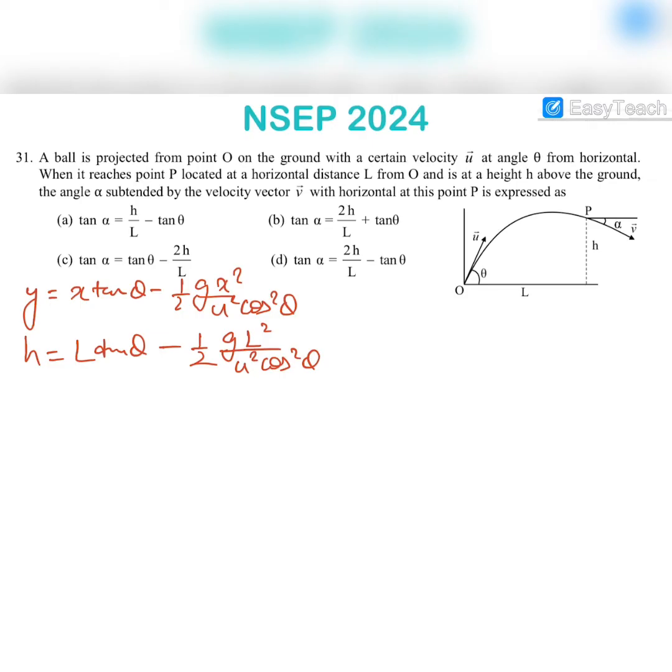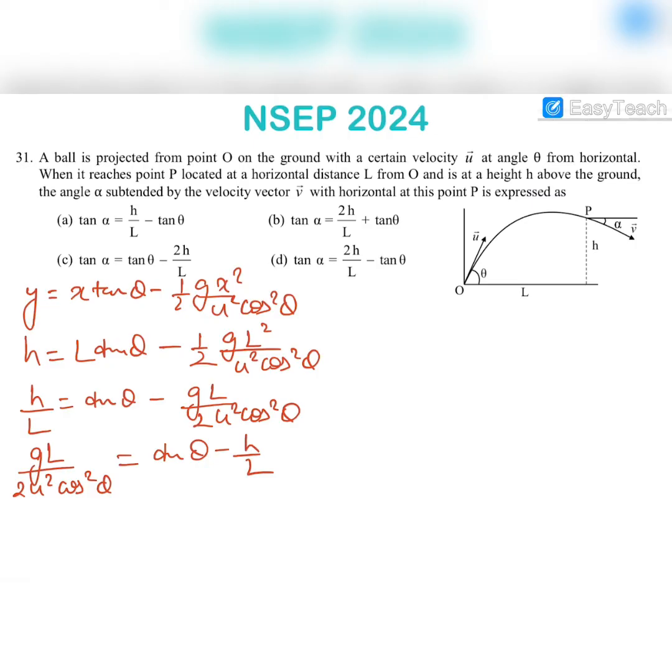Taking out L common, h by L is equal to tan theta minus gL upon 2 u square cos square theta. Okay, so gL upon 2 u square cos square theta will be equal to tan theta minus h by L, and gL upon u square cos square theta is equal to 2 tan theta minus 2h by L.